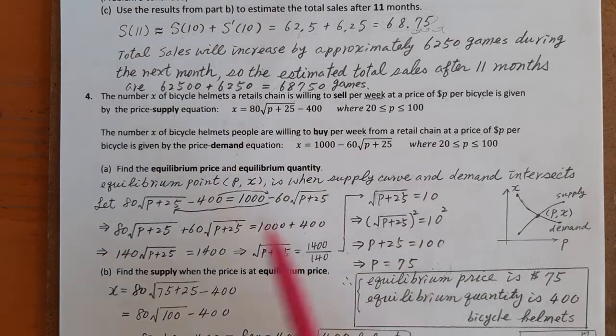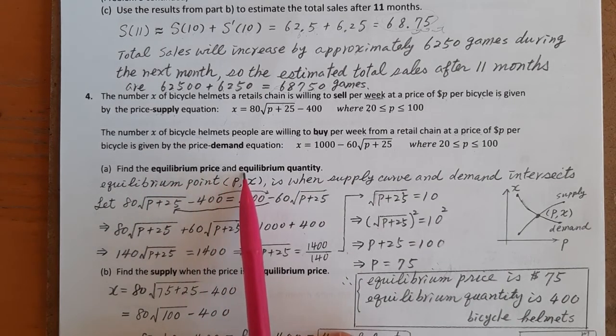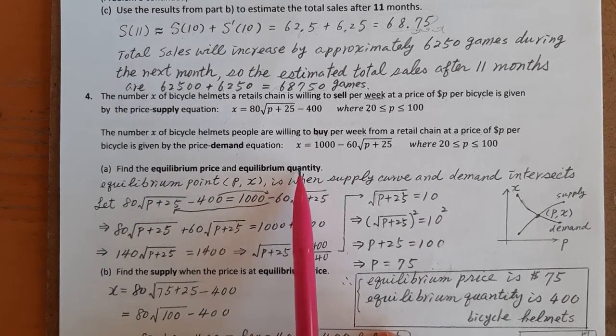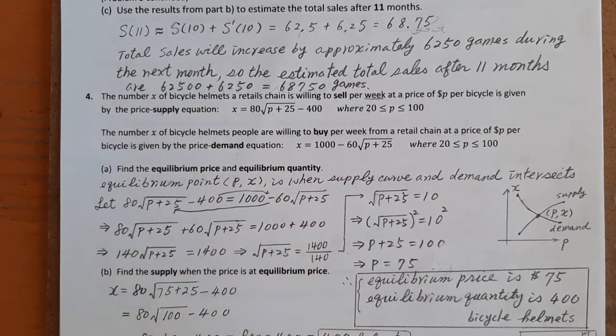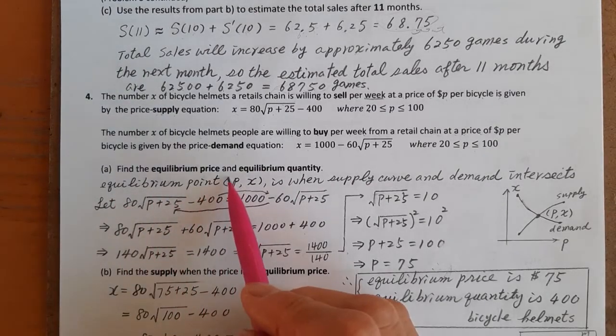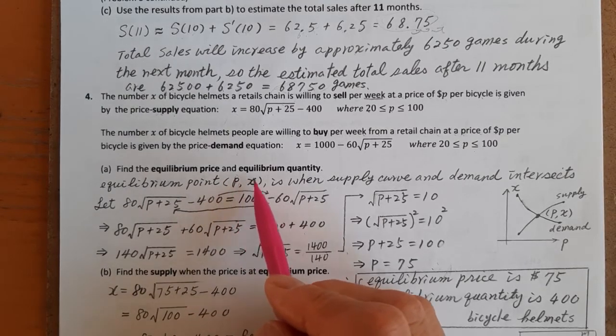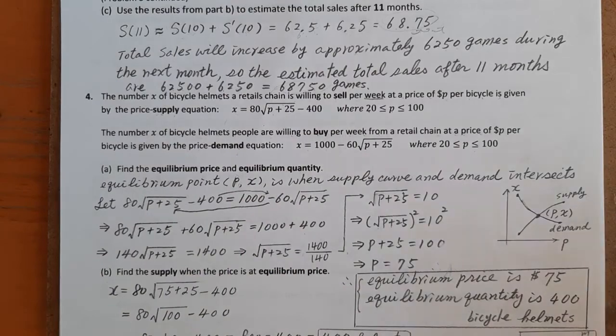Find the equilibrium price and the equilibrium quantity. We call it the equilibrium point, P comma X. P is the price, X is how many units, which is their intersection point.